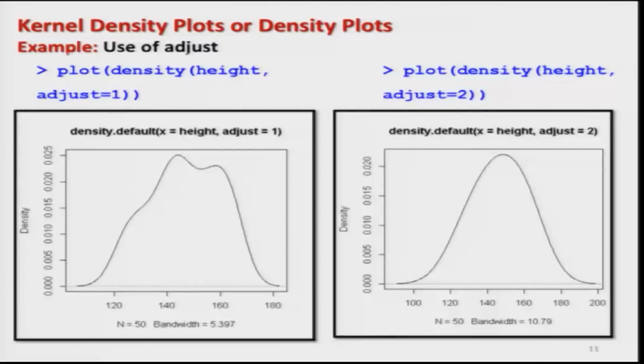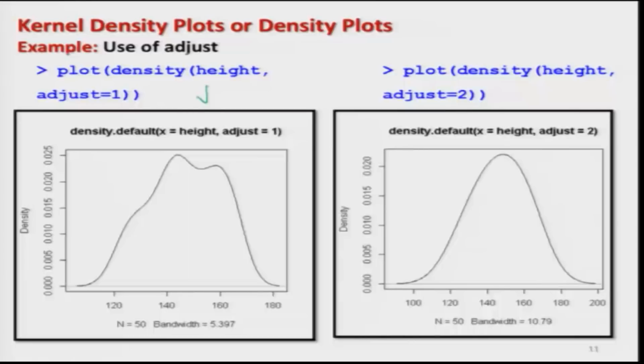Similarly, if you want to increase the value of adjust, for example, in the next slide I am creating the same density plot using adjust equal to 1 and 2, and you will see that as I increase the value of the adjust parameter, the smoothness increases more. The first graph is the same data with adjust equal to 1, and the second graph is with adjust equal to 2.